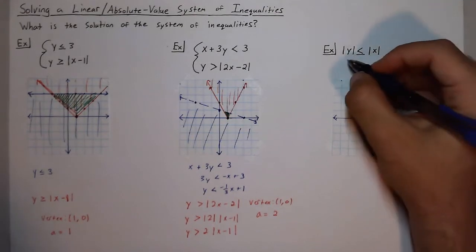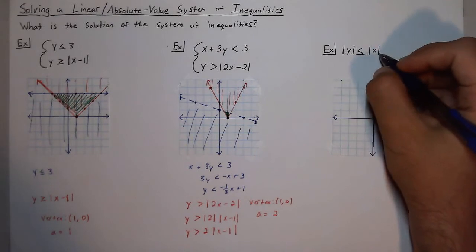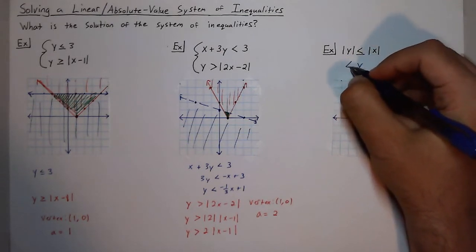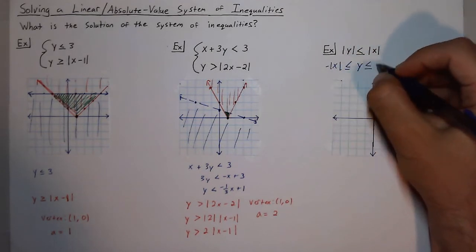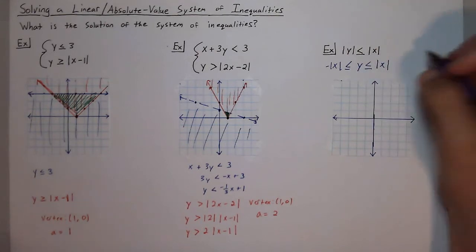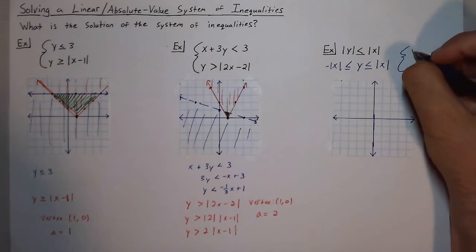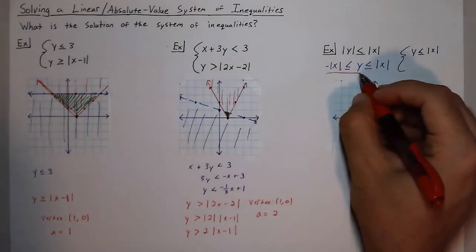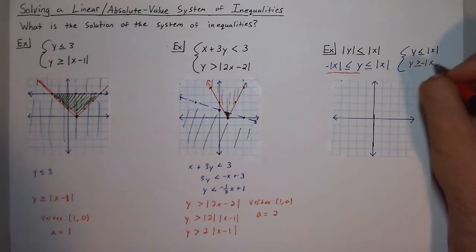Which, if you can remember, since this absolute value is less than something, it'll be y is in between negative absolute value of x and positive absolute value of x, which gives us two inequalities. One being y is less than or equal to absolute value of x, and on this side, y is greater than or equal to negative absolute value of x.